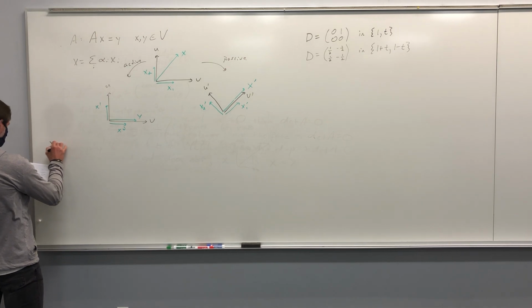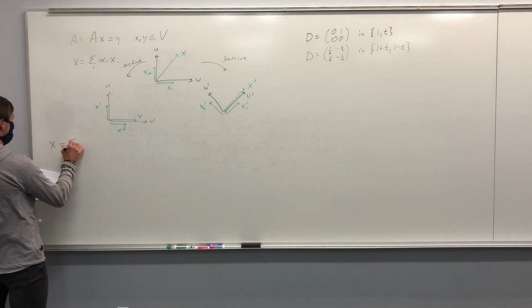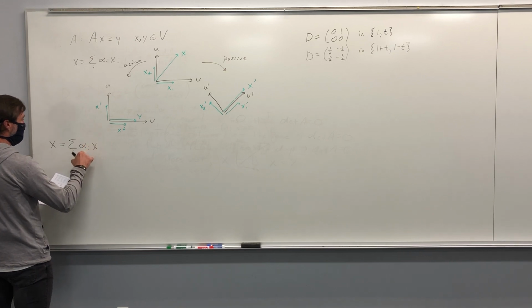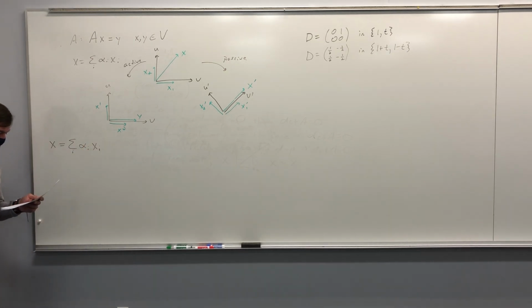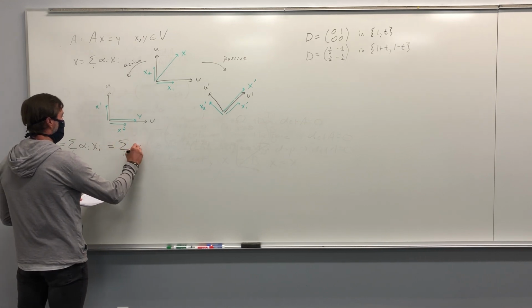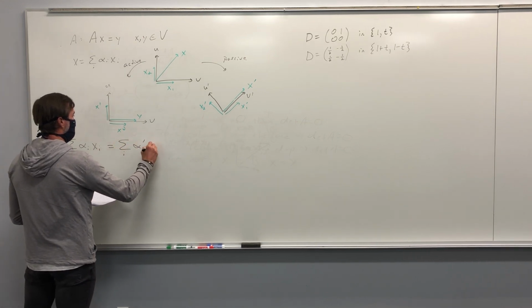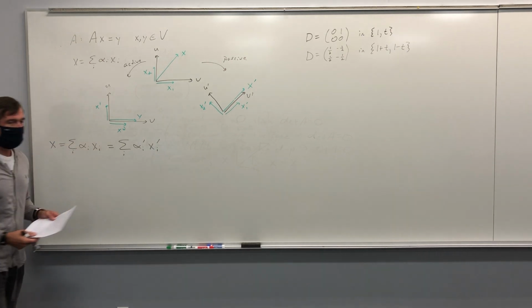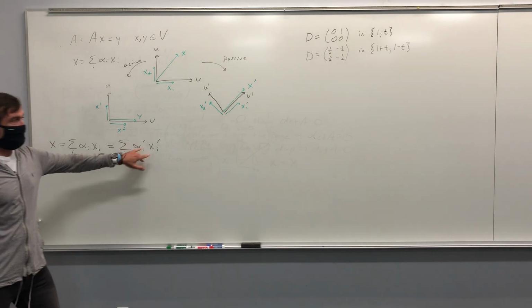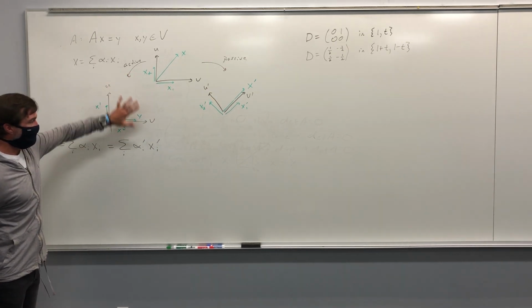Okay. So we have x is the sum over i of the components of the vector x times the basis vectors x_i. And we want this to be the same as we would get if we did a basis change. That's this kind of transformation, not this.